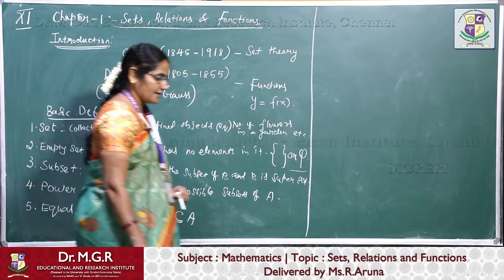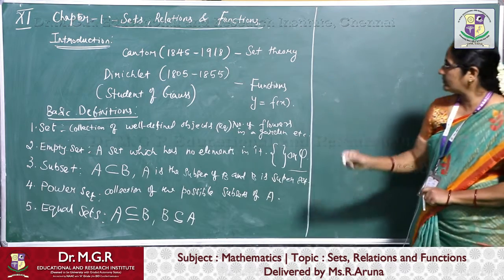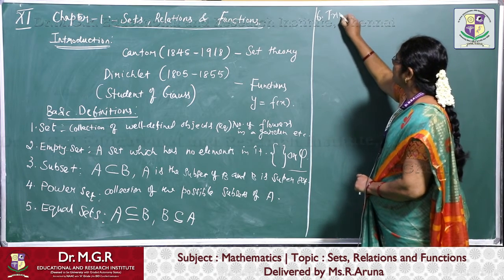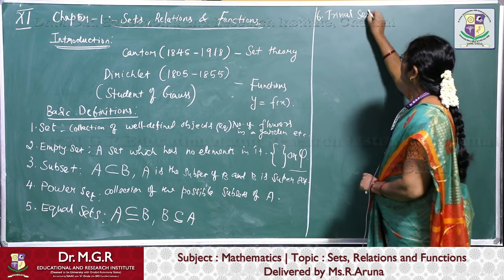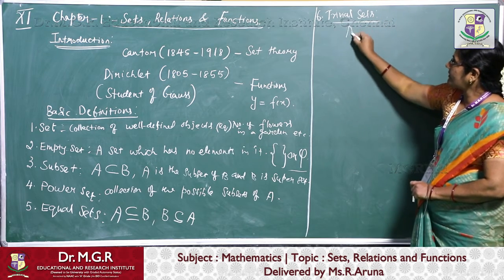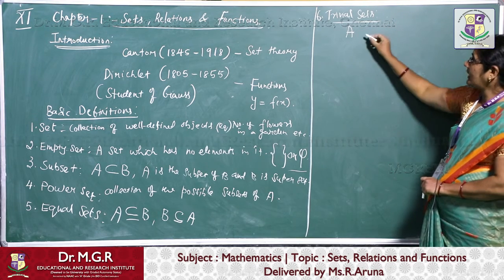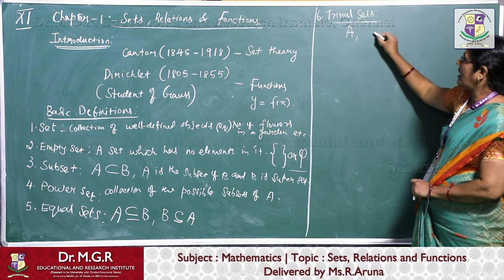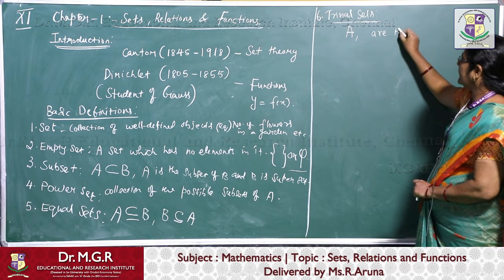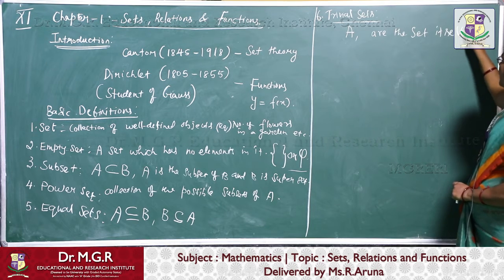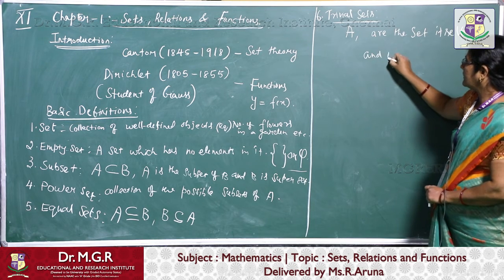Next, we shall see the sixth definition, trivial sets. Suppose we have a set called A. The trivial subsets of A are the set itself and the empty set.